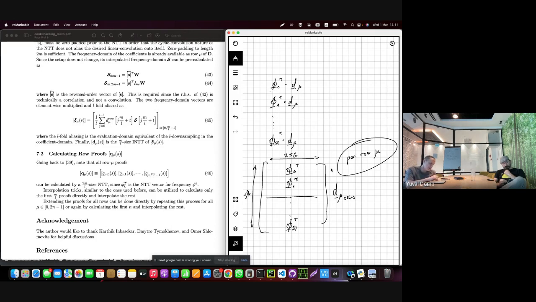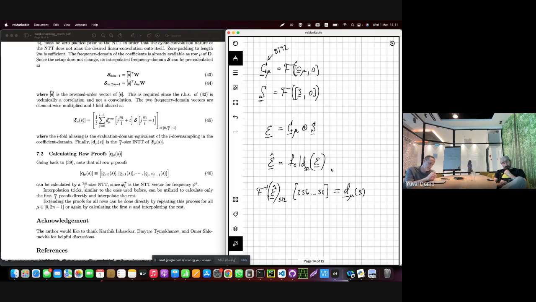You can see that besides the FFTs that we're doing, this fold operation is a lot of these small 16-size MSMs, because each element of epsilon hat is actually an MSM of 16 values, an addition of 16 elliptic curve values, where each one is a multiplication of a scalar by some setup element.